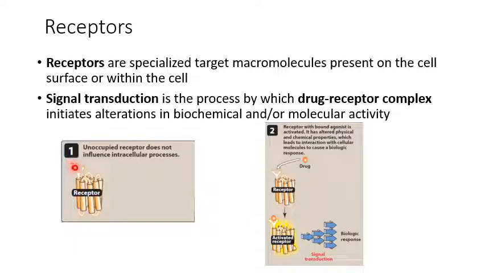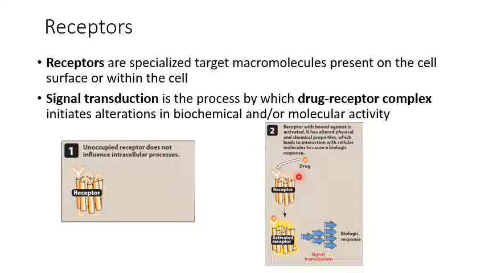This substrate could be an agonist that initiates a pharmacological effect, or an antagonist that prevents the receptor from initiating a pharmacological effect, or a partial agonist, which can induce a pharmacological effect but not to the same extent as a full agonist. Anyway, we'll come to this later, inshallah.